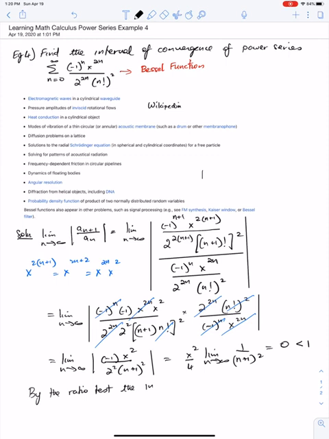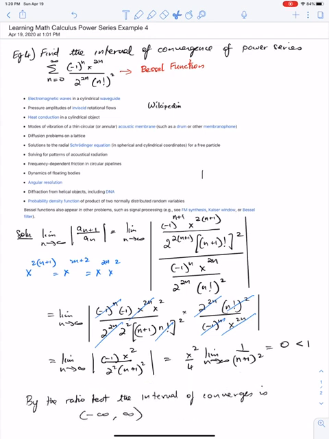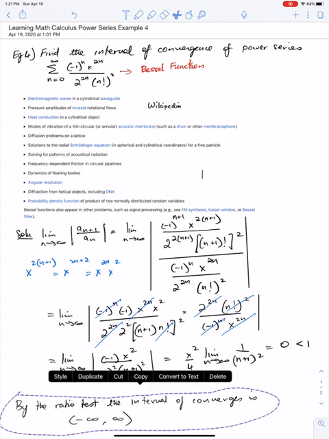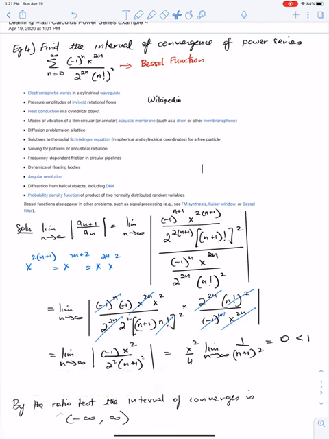So by the ratio test, the interval of convergence is minus infinity to infinity. If that's not clear, I can say a couple of lines about it. Let me pull this down here. It's all real numbers.